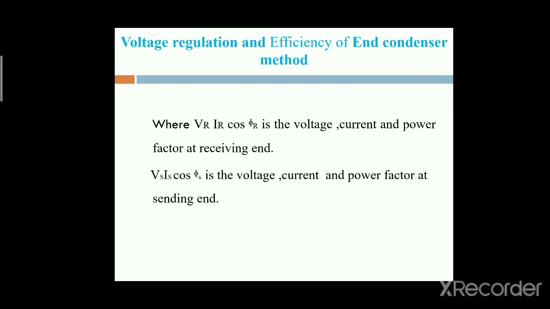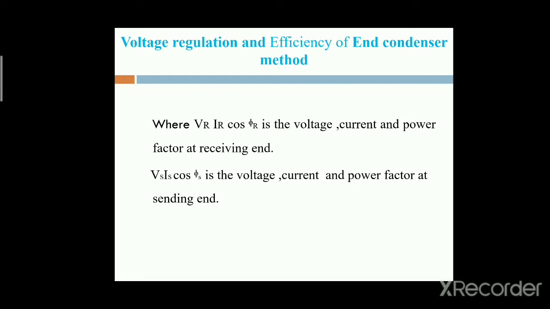VR is the receiving end voltage, IR is the receiving end current, and cos phi R is the receiving end power factor. Vs is the sending end voltage, Is is the sending end current, and cos phi S is the sending end power factor. These are all the sending end and receiving end voltages and power factors of a medium transmission line.